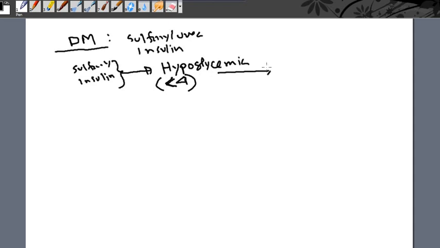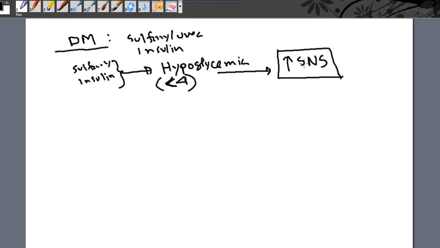Your hypothalamus senses that you're hypoglycemic, then from the brain there is increased sympathetic nervous system drive. There is increased sympathetic nervous system activity. Why? Because they want to warn you that you're hypoglycemic.